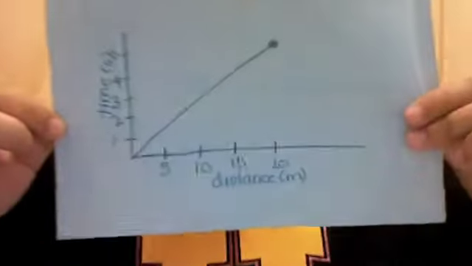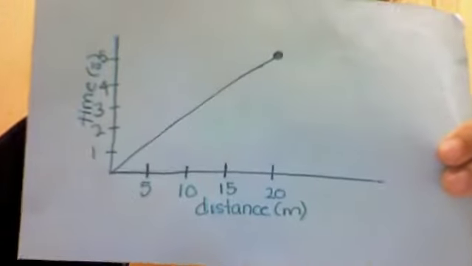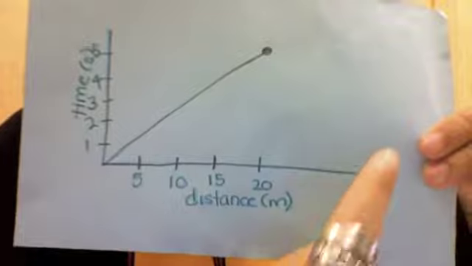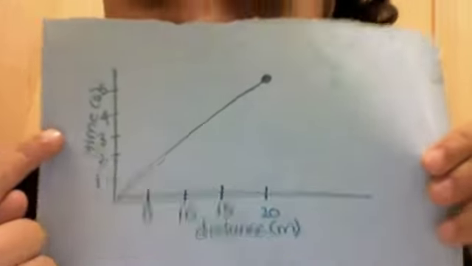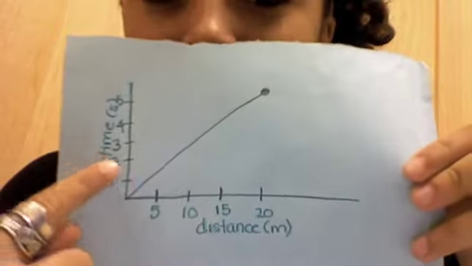Well, if you don't know, then here's a chart we made to help you out. Distance and time. This chart is with the same scenario as before, but this time we're looking for distance instead of speed.